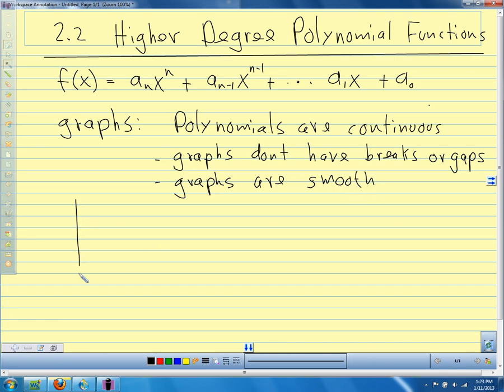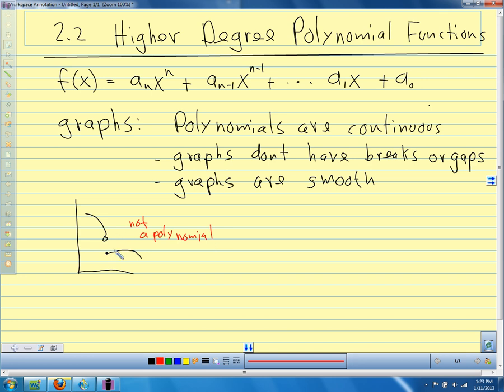So just a couple of sketches. If I have a graph that looks like this, so this is just an example of a graph. This would not be a polynomial. So we have a break in the graph.